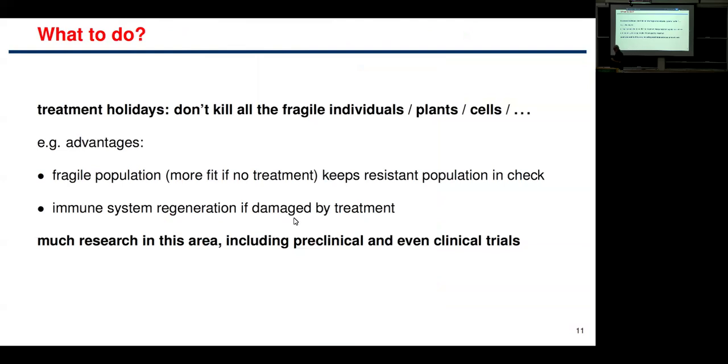So one thing that we heard about several times, and we'll hear even more, and also in the previous iterations of this, the other workshops in this seminar series, there are things that we could try to do. We could try to do some sort of treatment holidays so that we can maybe kill the fragile individuals, but don't kill them all, so that we leave enough of the fragile individuals that they might outcompete the resistant individuals because they need less resources, supposedly.